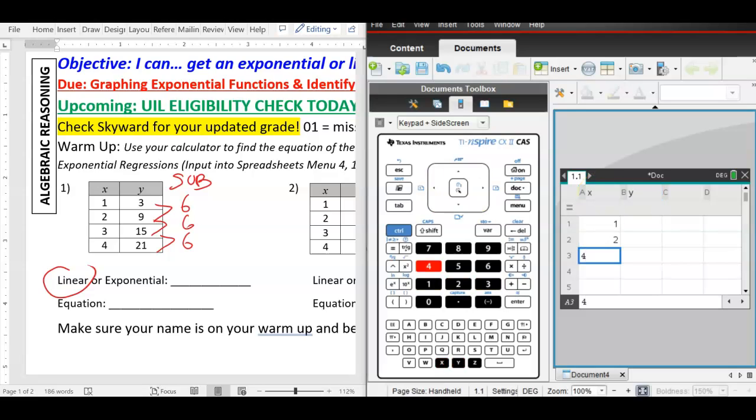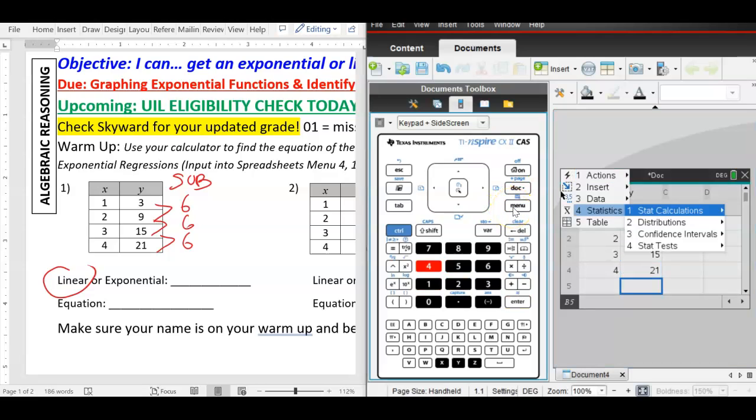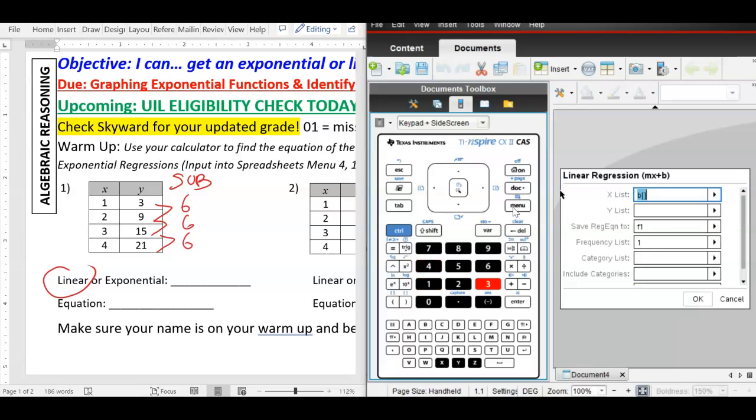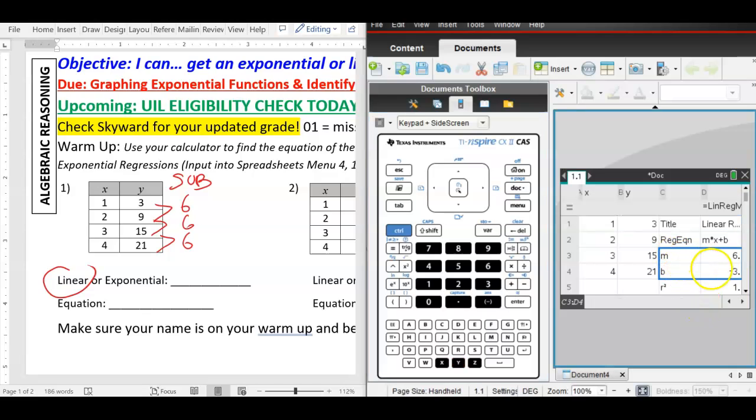You type in your table. And again, for linear, we press menu 4.1.3. X must be X, Y must be Y. And then I get my M and my B.